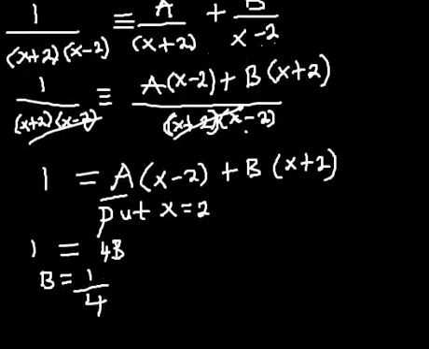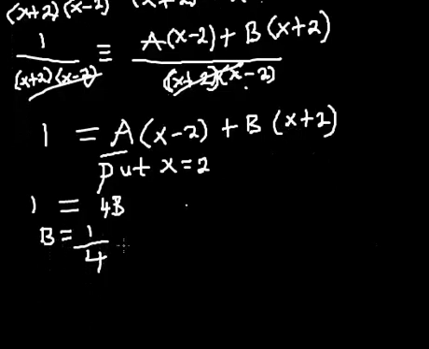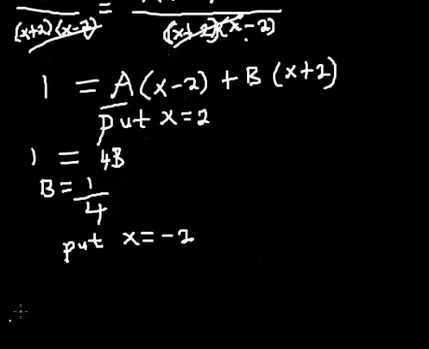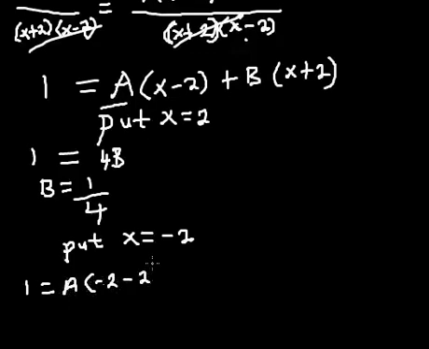Now if I want to find A, I have to eliminate B. So I put x equal to minus 2. This is going to be 1 is equal to A open bracket minus 2 minus 2, then plus, if I put minus 2 here, definitely B will be eliminated.